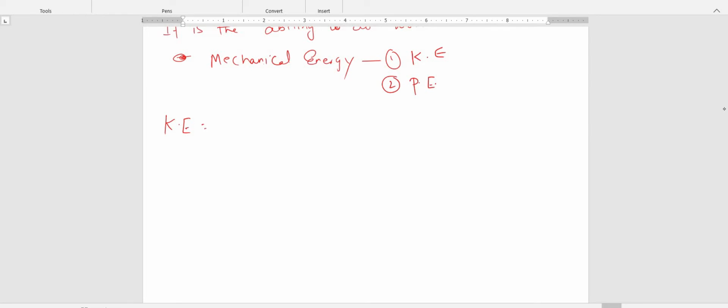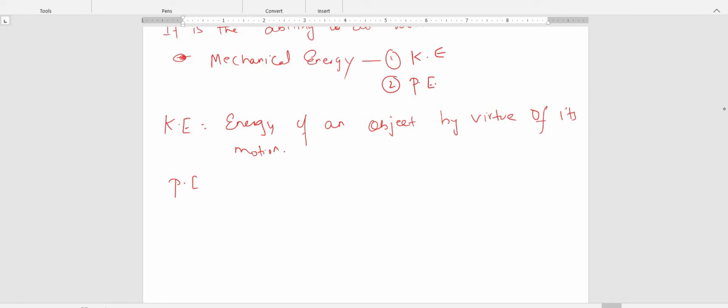It was in Class 9 also, wasn't it? It is the energy of an object by virtue of its motion.